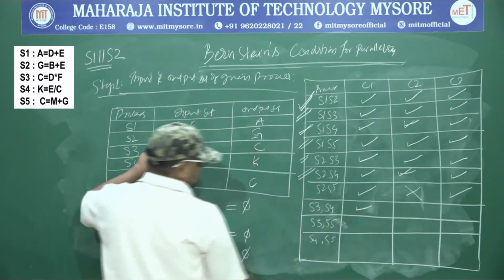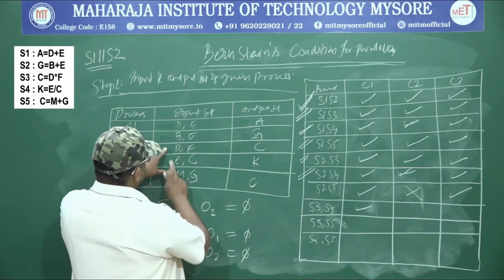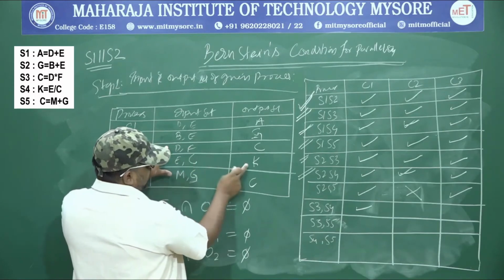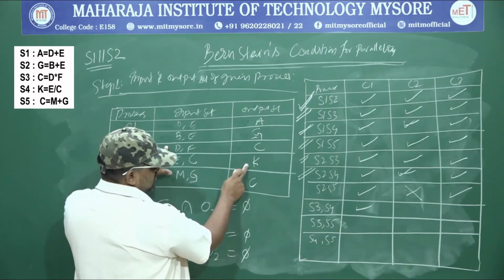Similarly, if I go to the 3 and 4, 3 is DF, output is C. And then again 3 and 4, DF and K, nothing is common.